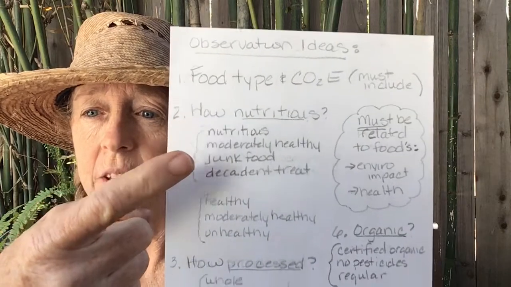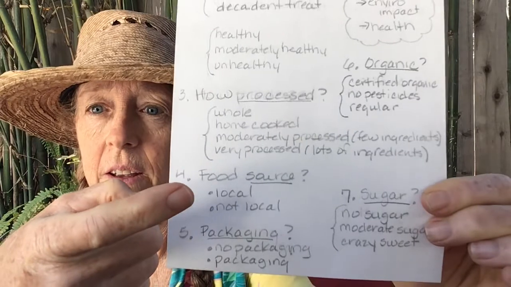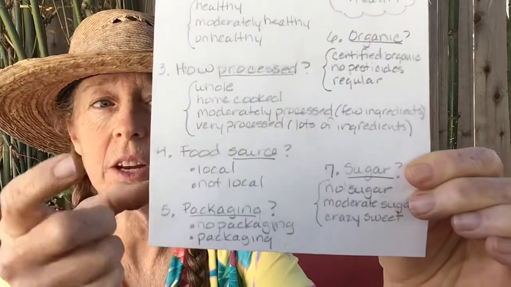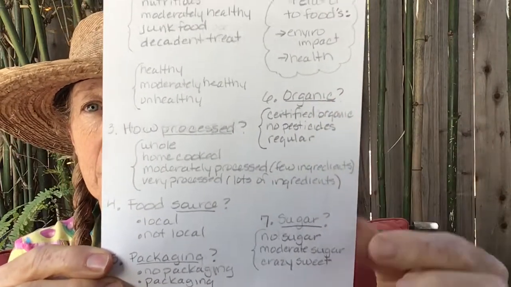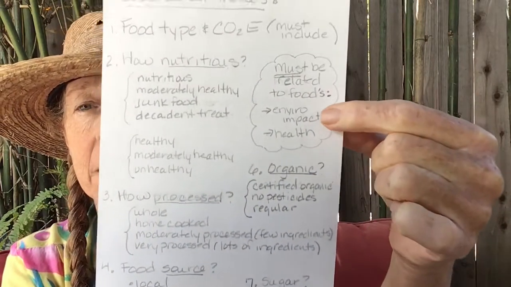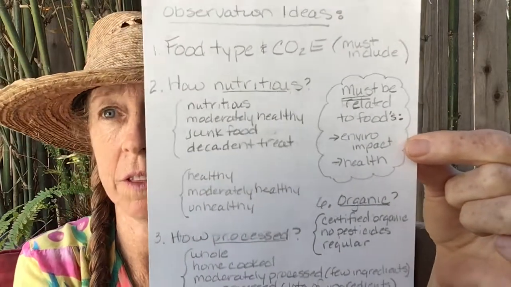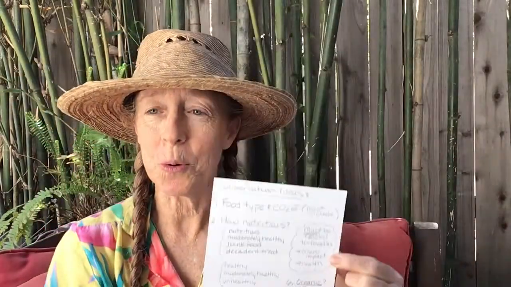How nutritious is it? How processed is it? What's the source of the food? What's the packaging? Organic, sugar. But please remember, it needs to be related to the environmental impact of the food or how healthy the food is. So now you get to think and choose some observations.